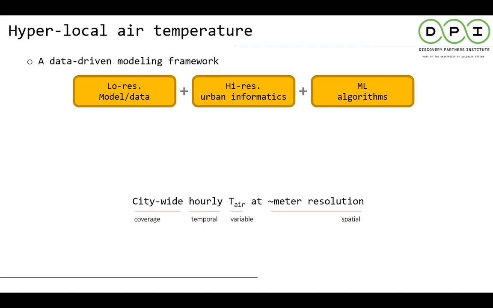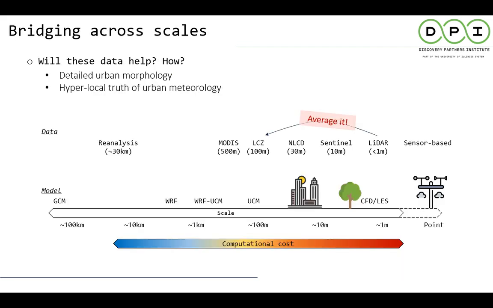That's a very bold claim, because we're talking about meter level resolution at citywide scale. Previously, those were almost contradicting things on the axis. But in this case, we will not throw away any information on the data axis. We have the low resolution data and the high resolution data.